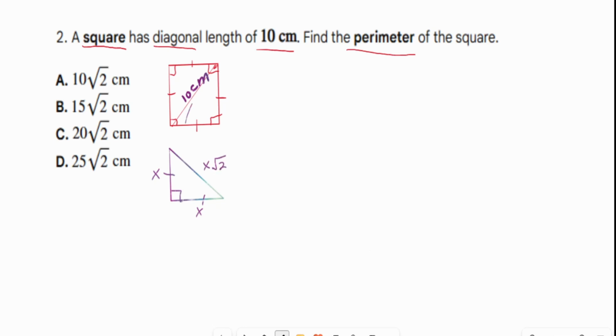And looking at this part of our square, it forms a special right triangle. So comparing the two of them, meaning this side and that side, it means that x root 2 will be equal to 10. Making x the subject, we divide both sides by square root of 2. So this and that goes away.